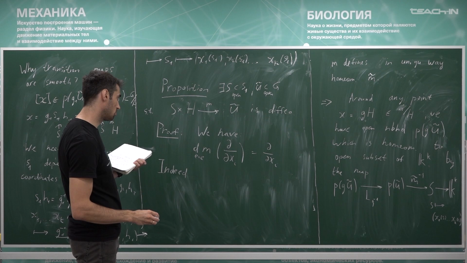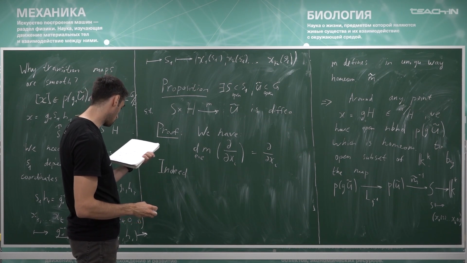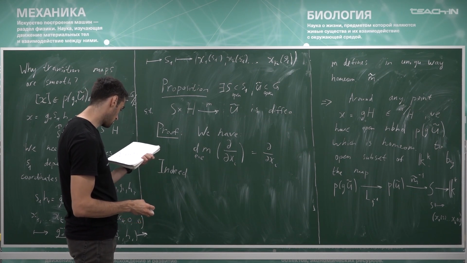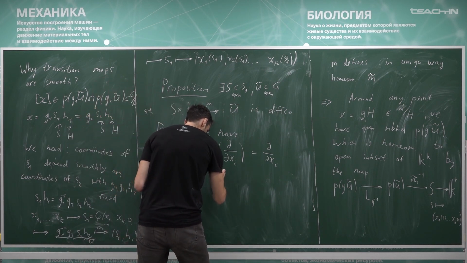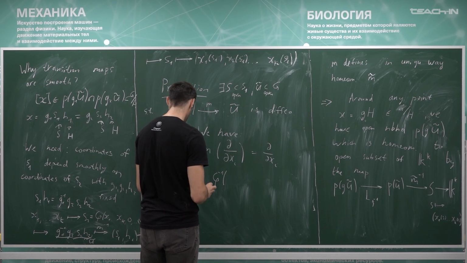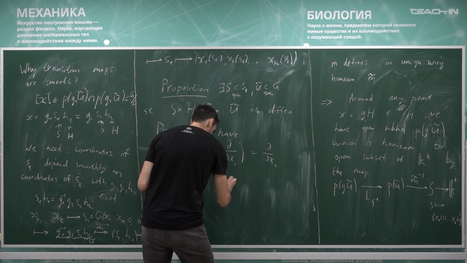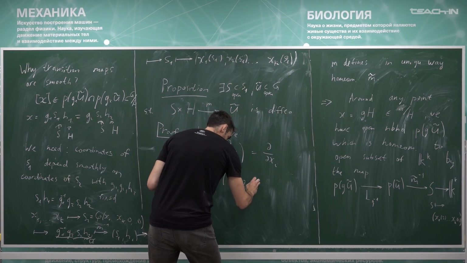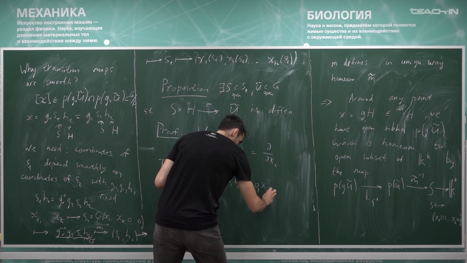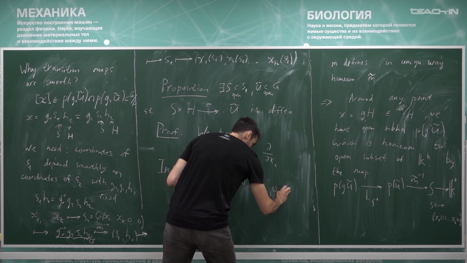This is almost a tautology because you take your chart and apply phi inverse to the following coordinates: 0, 0, 0, then xi on the ith place, then again zeros.